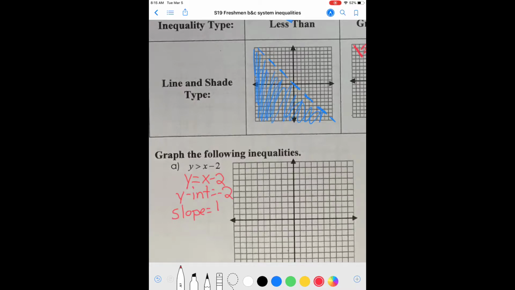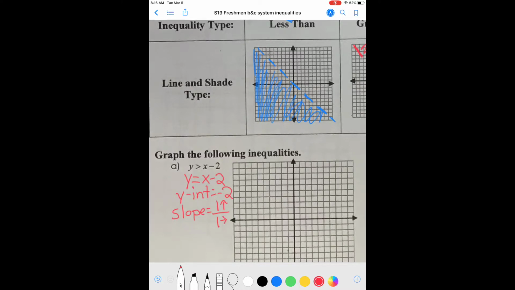Now, a whole number doesn't really tell us how to move on the graph when we're talking about slope. So we're going to create a fraction by putting a +1 underneath, because 1 divided by 1 is still 1. This +1 in the numerator is going to tell us to go up 1, and the +1 in the denominator is going to tell us to go to the right 1.